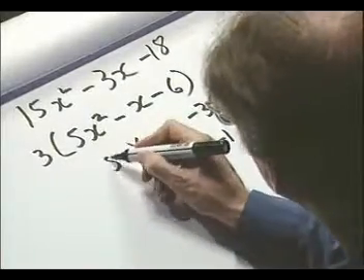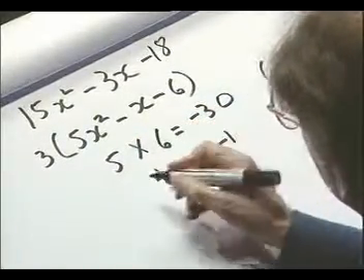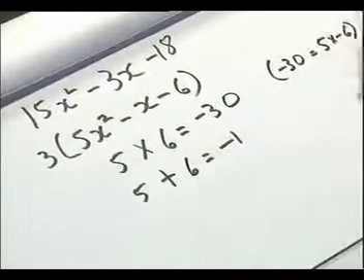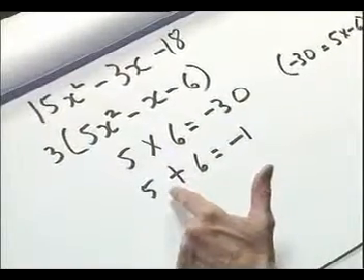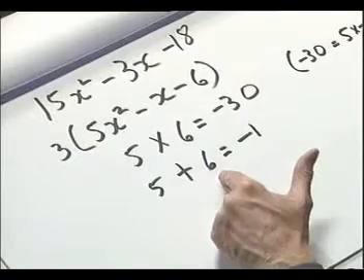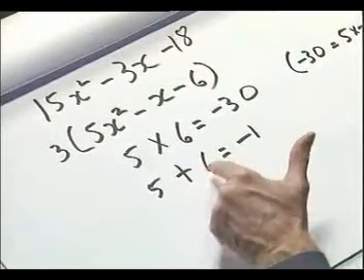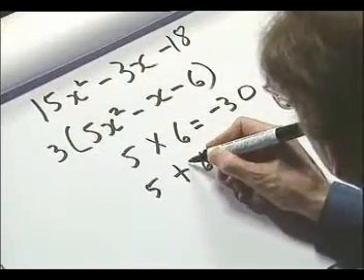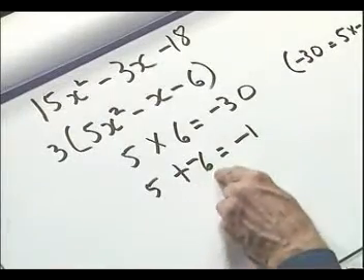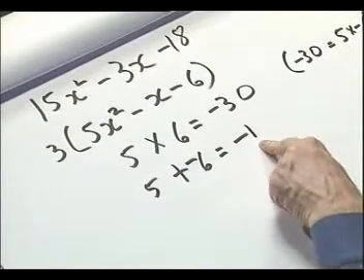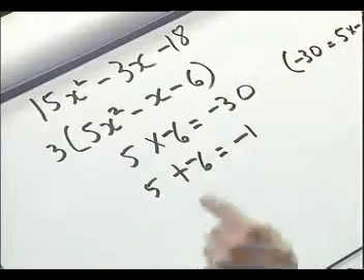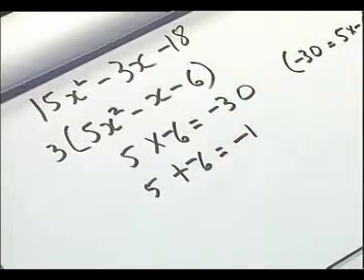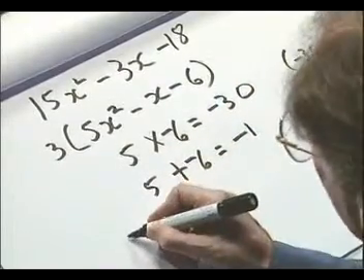So how can I juggle the signs with the 5 and the 6? Well, 5 plus 6 has to give me minus 1. It looks like the 6 is going to have to carry the minus sign. So 5 plus minus 6 does give me minus 1, and 5 times minus 6 does give me minus 30.